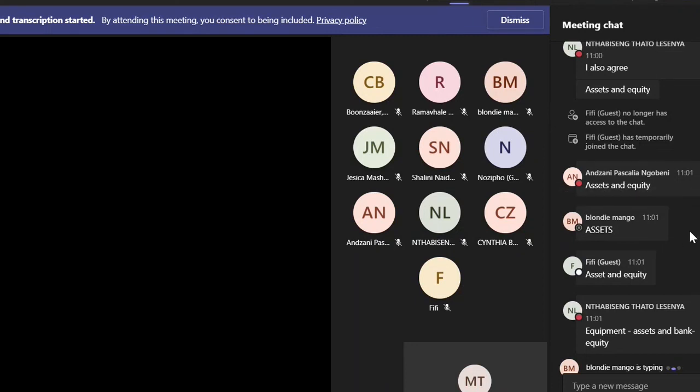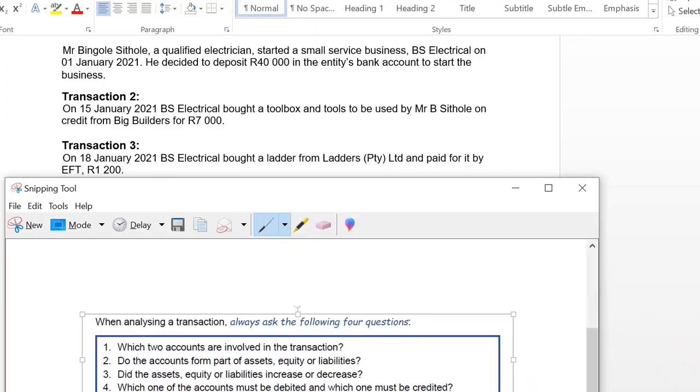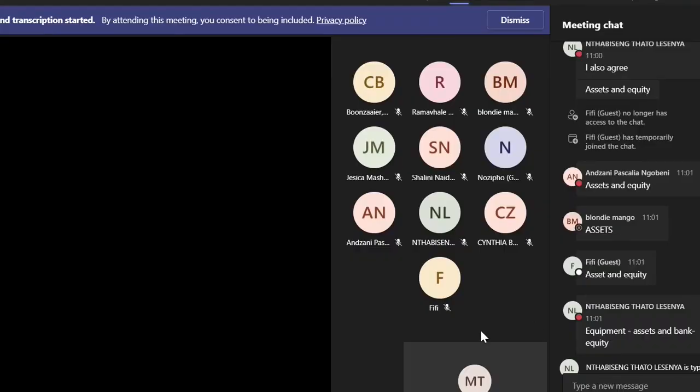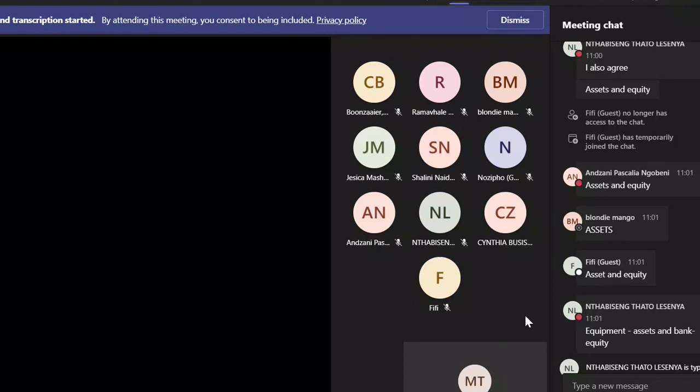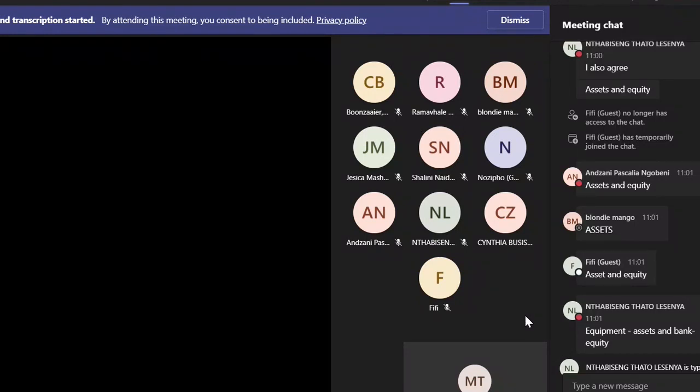The ladder is office equipment, which is an asset. Bank is an asset. So it's only assets, no equity. There are two assets involved, bank and equipment. So did the assets increase or decrease? One asset increased, one asset decreased.